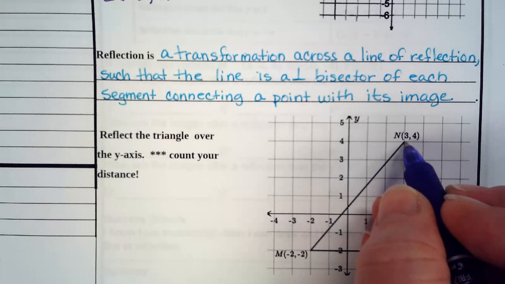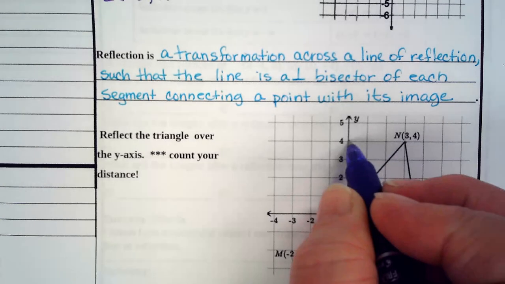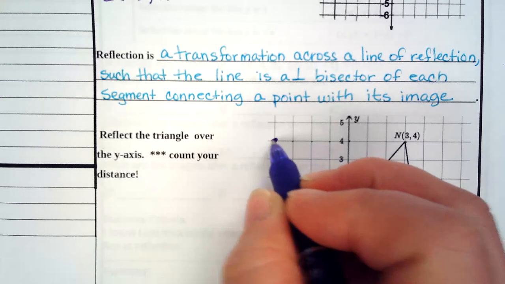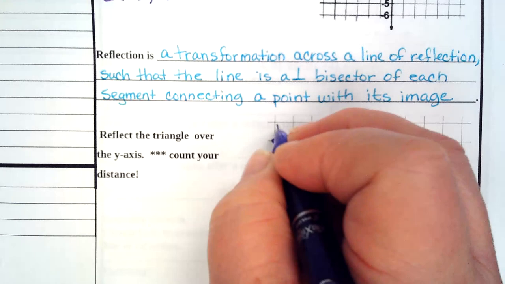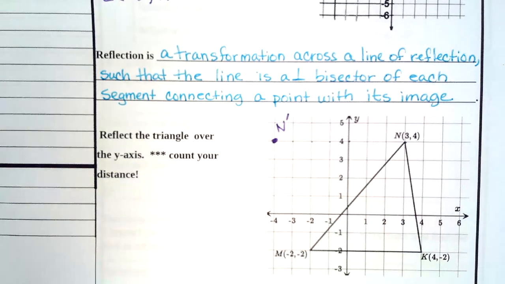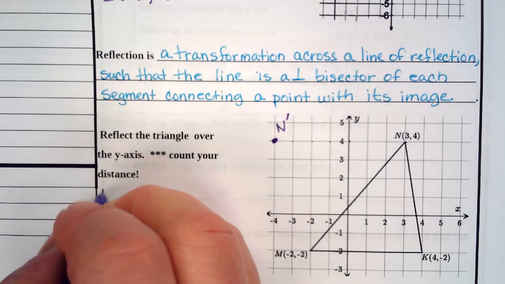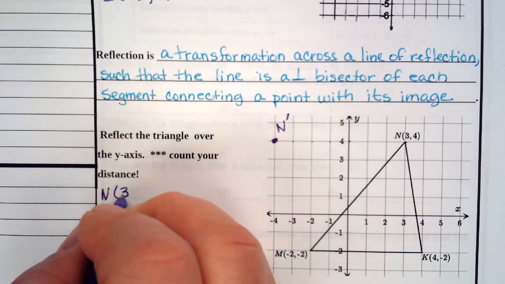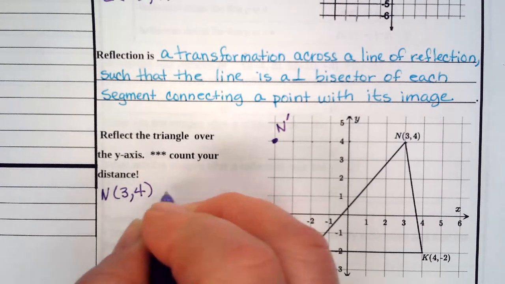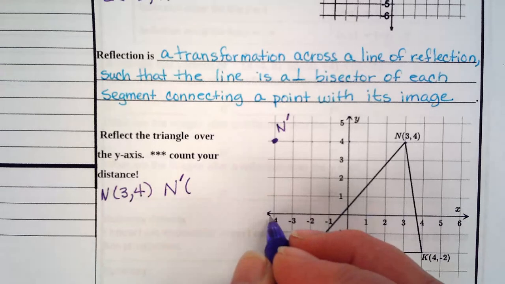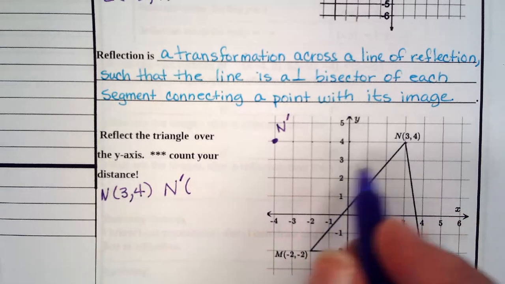I'm 4 units away from the y-axis. I need to go 4 units to the other side of the y-axis, and this becomes my N prime.